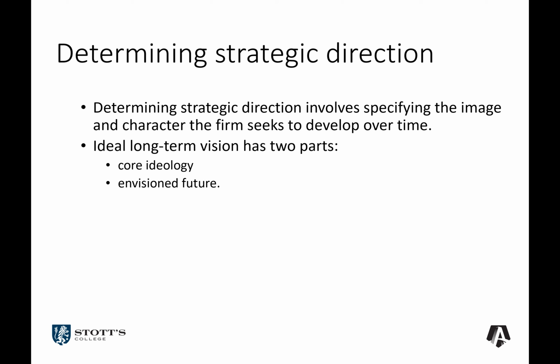A long-term vision has 2 parts: a core ideology. How do we do things around here? What is our direction? What are our competencies and our characteristics and our capabilities? What are the strengths and weaknesses and opportunities that we combine together to create our direction, our core ideology? And the second part is, what is the future that we want to get to?